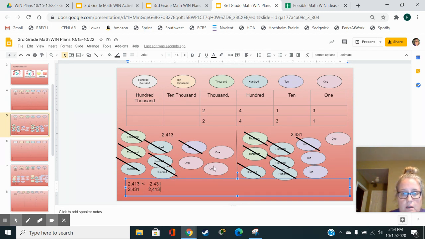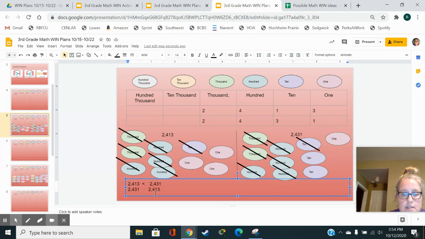But you'll notice I also have it written over here again. Now this time it's opposite because it's important to figure out both ways. So we said 2,413 is less than 2,431, but I also could say that 2,431 is greater than 2,413.